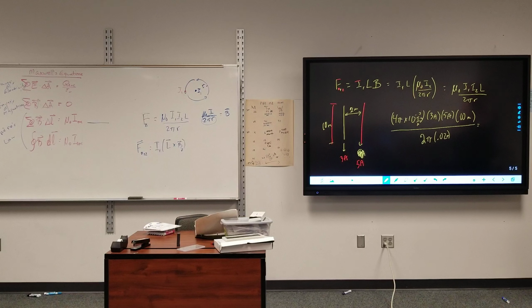Oh, not necessarily, okay. I got 4.775 times 10 to the negative fourth. Units? Tesla amperes? What do we find? Newtons. If you had not converted this into meters, then you would not have newtons there.